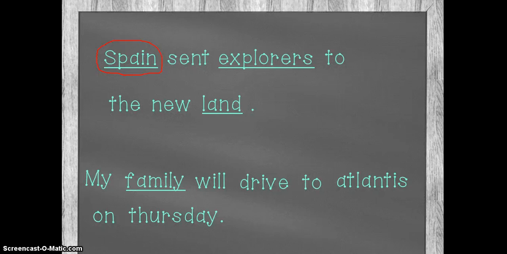No, but we have Atlantis and Thursday. They are nouns, but they're not common nouns. They would be proper nouns. So these words should be written with what? A capital letter, not lowercase. Again, not lowercase, capital, because they're proper nouns.